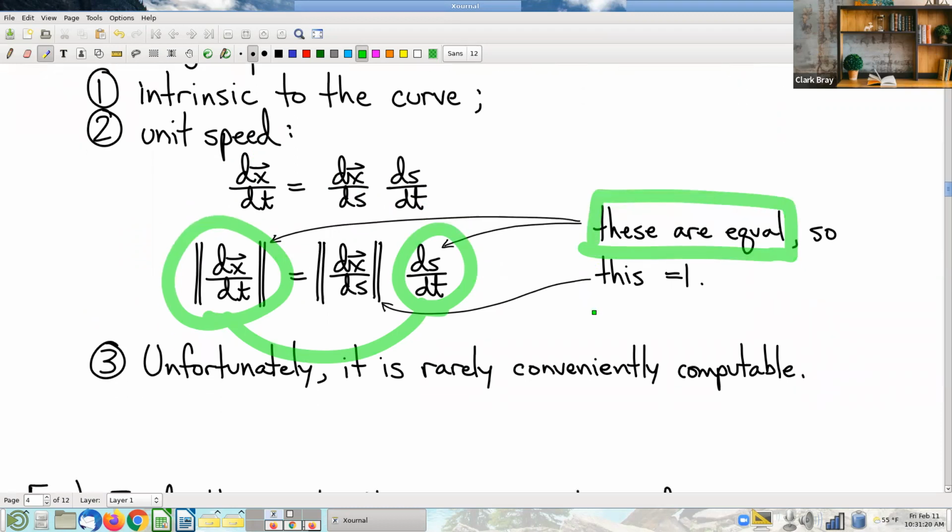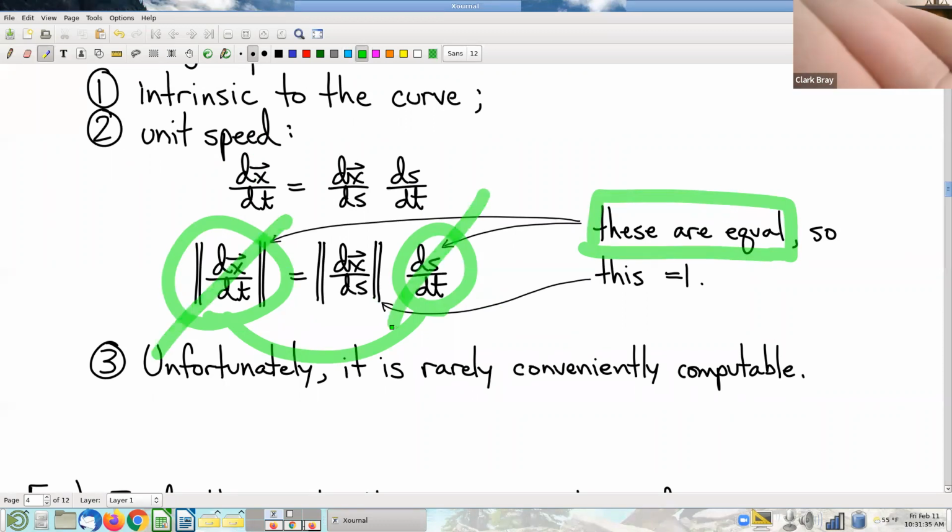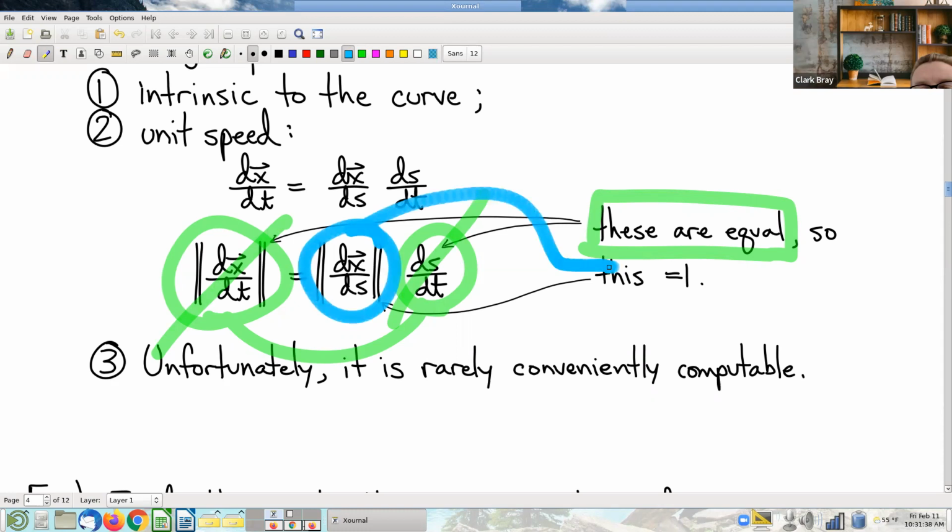Because they're both speed. This one says magnitude of the velocity vector, that's speed. This one says distance per unit time, that's also speed. Those being the same thing, when we cancel them, we get that this is 1, and therefore the derivative using s as your parameter, namely the velocity, has speed 1. So unit speed, nice fact.